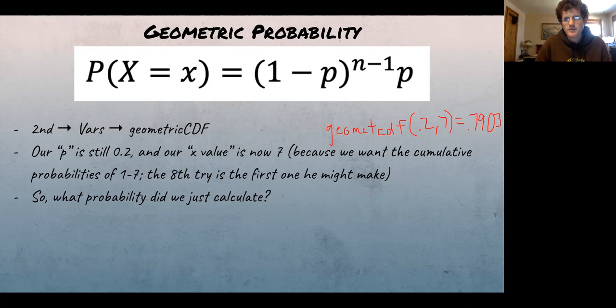All right, geometric CDF. 0.2 is the probability of success, the probability that I make it anywhere between the 1st, 2nd, 3rd, 4th, 5th, 6th, and 7th. So is this our answer?